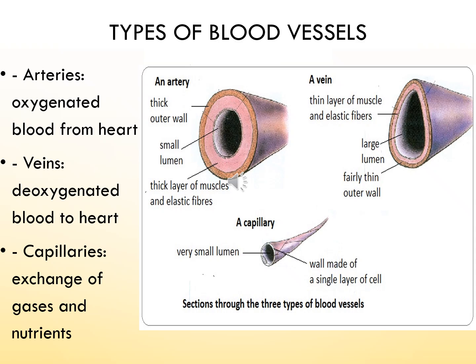And in the junction of these arteries and veins, we have highly divided capillaries, which are one cell thick, and they are responsible for exchange of substances and gases that you have seen in case of alveoli also. So exchange of gases will take place in the capillaries.